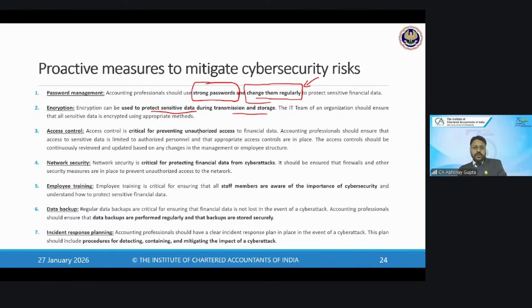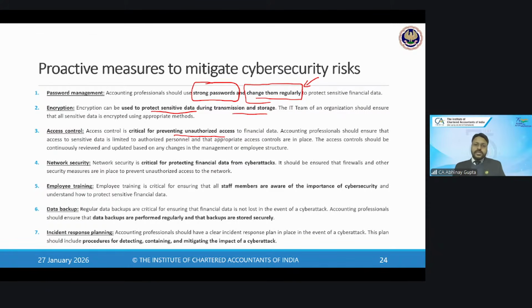Access control, preventing unauthorized access, like the example I took: if you try to log in from some different device, you get the notification on your original device which was registered for accessing this software or ERP, right? So if this feature is enabled, then it will pop up a notification before the other person gets logged in.